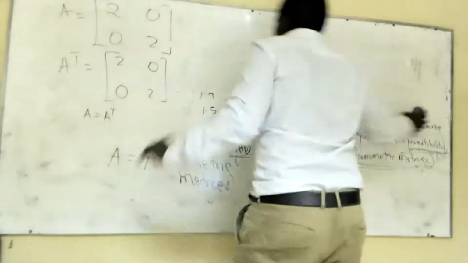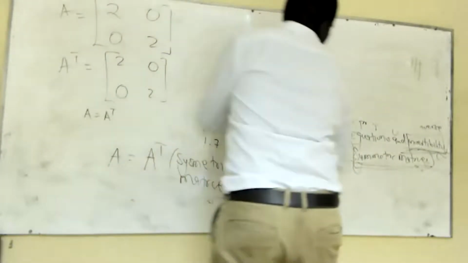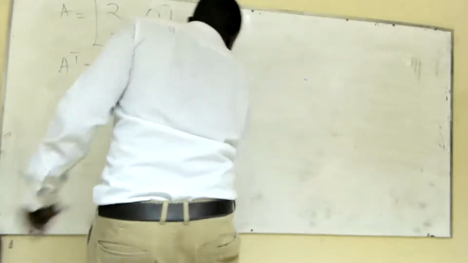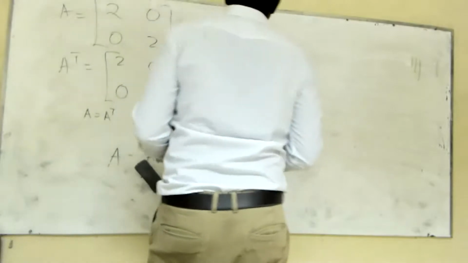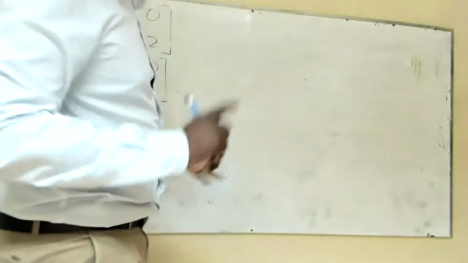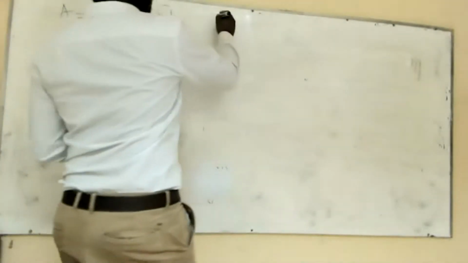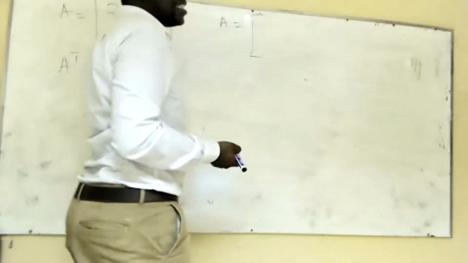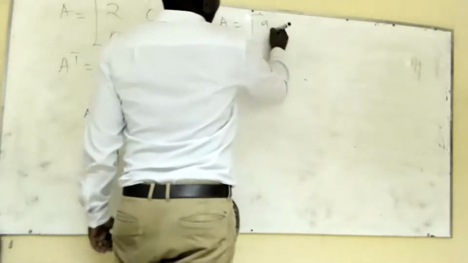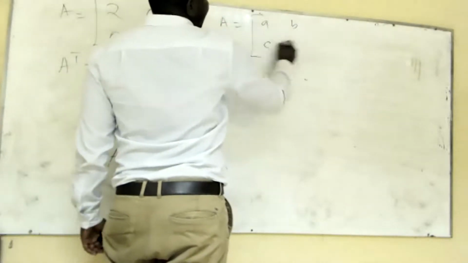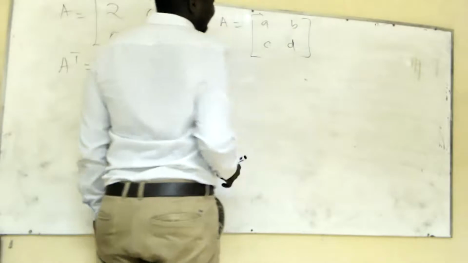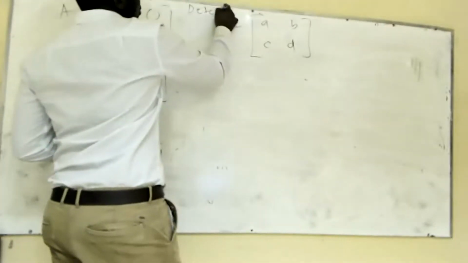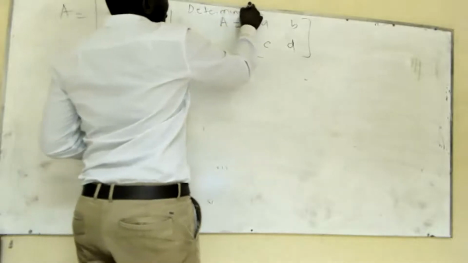Now we are going to the determinant, which is under chapter 2. You must know how to find the determinant for 2 by 2 and for 3 by 3. Let's say we are given a matrix A. I'll start with the determinant of 2 by 2. If we're given matrix A, B, C, and D, and we want to find the determinant, you must write on top that we are now dealing with the determinant.